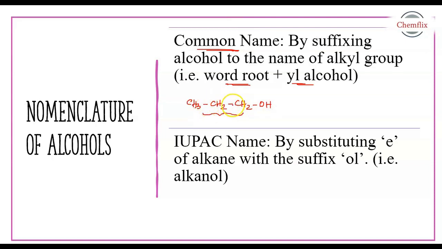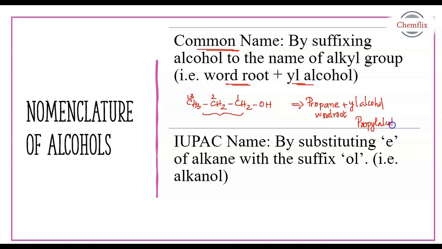How many carbon atoms are here? 1, 2, 3. So it is propane. Okay, propane. So we have to add yl alcohol to this. That means, in order to name this, you take the word root and add yl alcohol to this. Then you will get the name propyl alcohol.